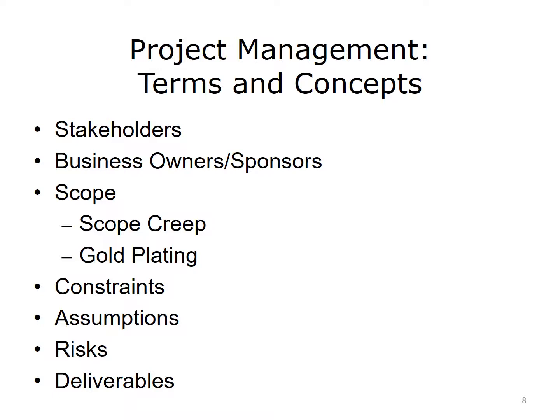Assumption is a belief based on what you assume will be true in the future. Your original scope is based, to an extent, on a belief regarding things that are not in your control, and if that belief changes as the project progresses, this could impact your scope and potentially impact your constraints.